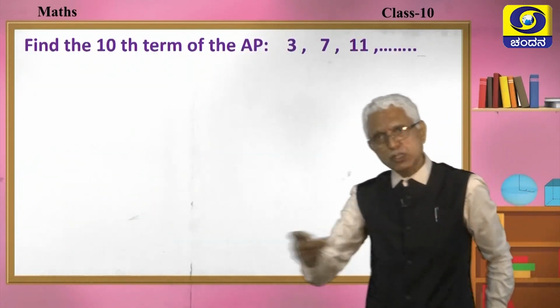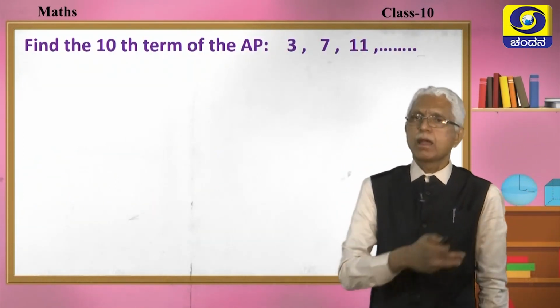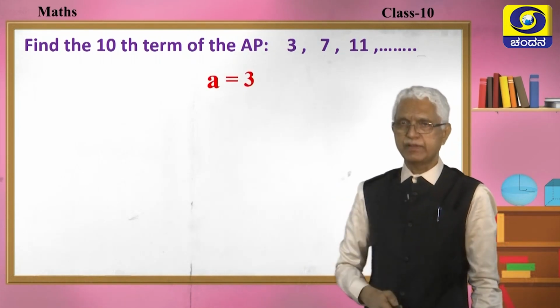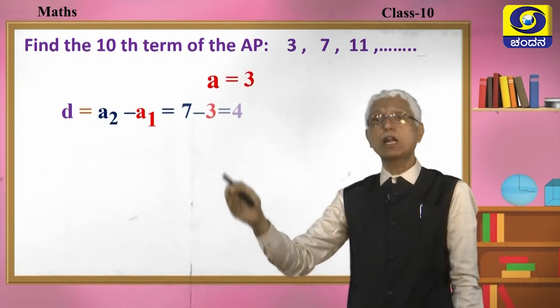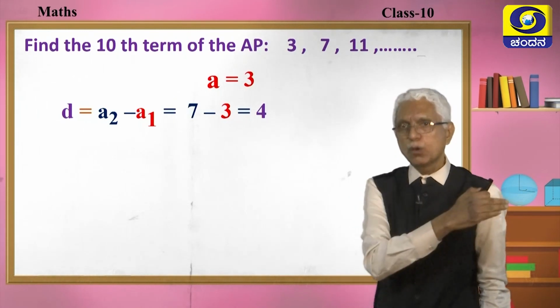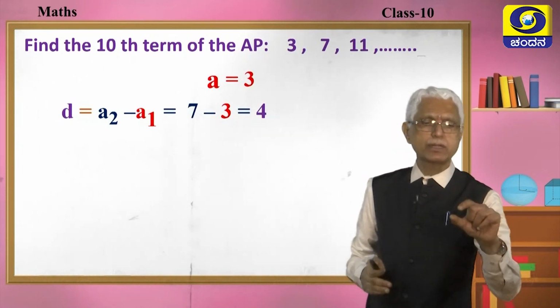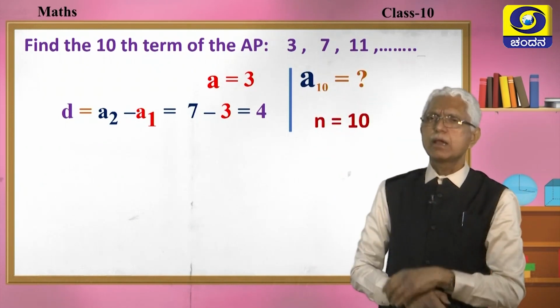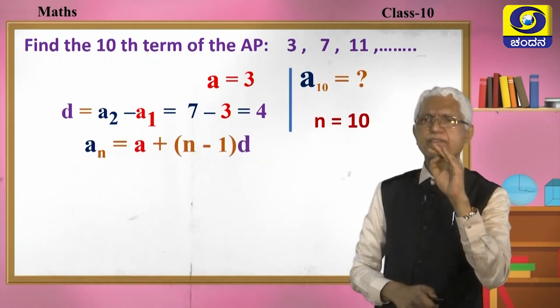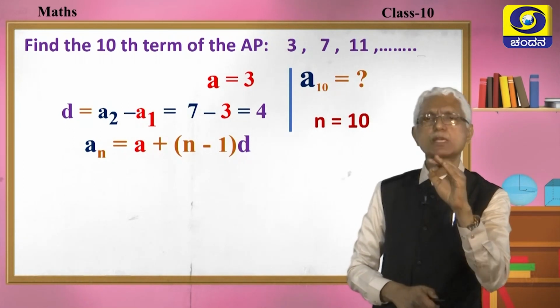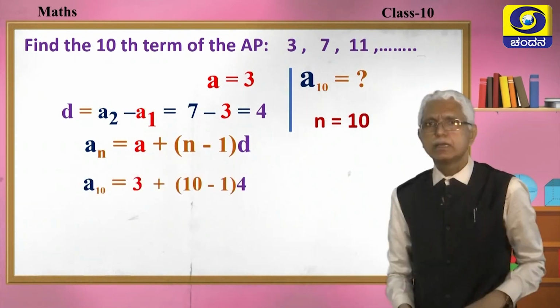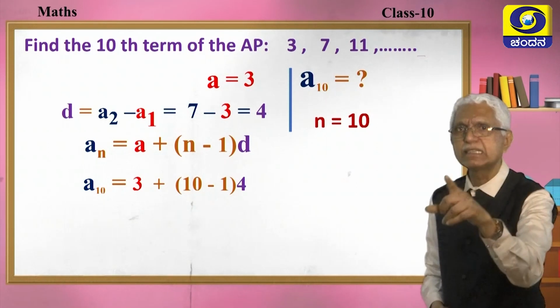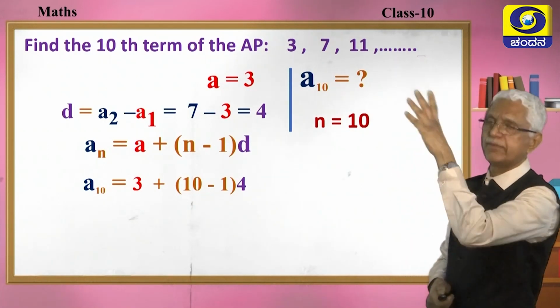Now, having understood what is an AP and what is the general form of an AP, what is the formula to find the nth term of an AP, what is the formula used to find out a particular term from the end, we will work out a few problems to make sure we have a very good understanding of all the concepts that we have learned so far, my dear children. Here is an example. Find the 10th term of the AP 3, 7, 11.